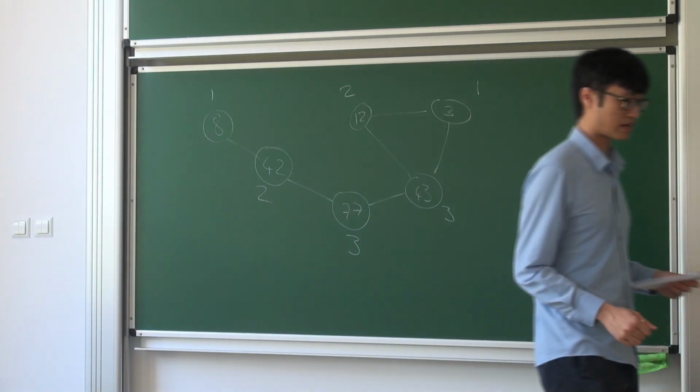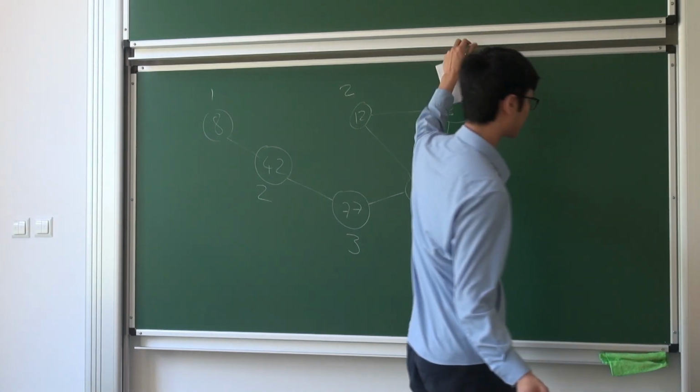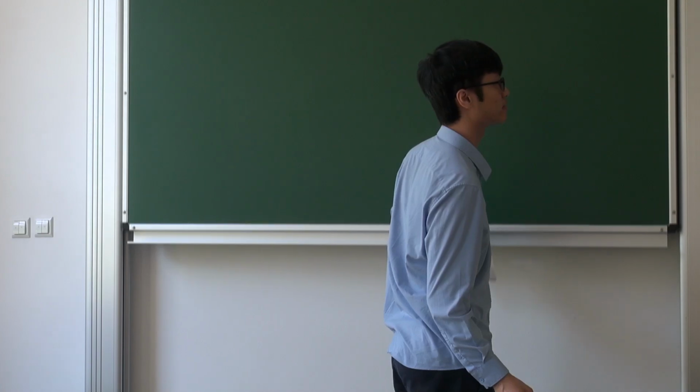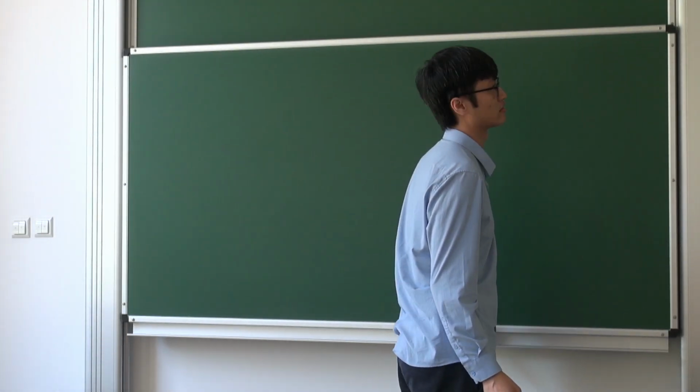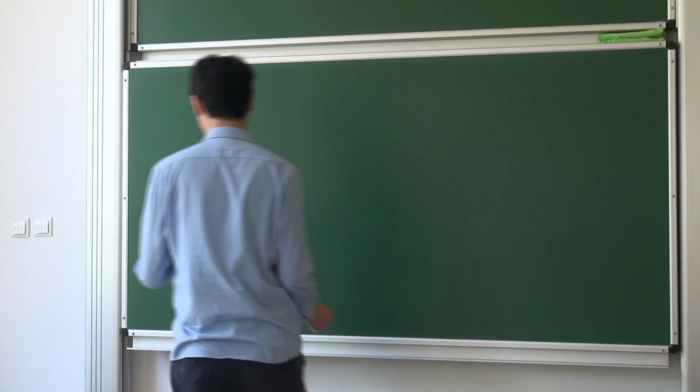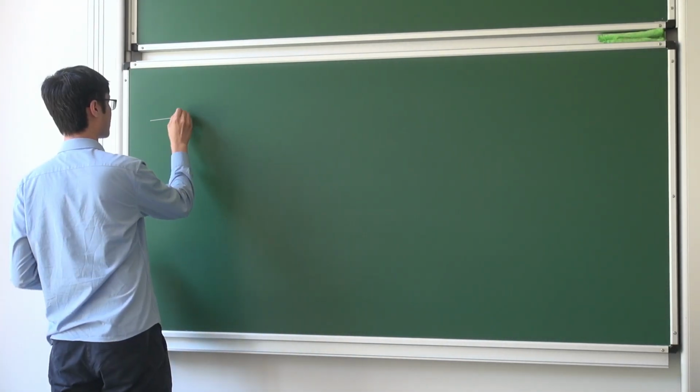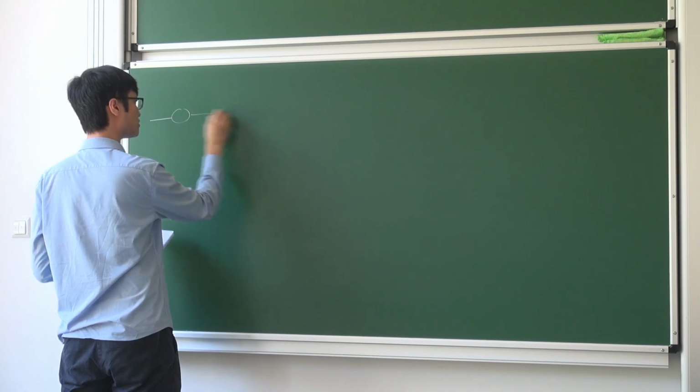All right, so now let us move on to coloring of the path. Why is this inherently hard in a way? Okay, so let's just think of a very long path.